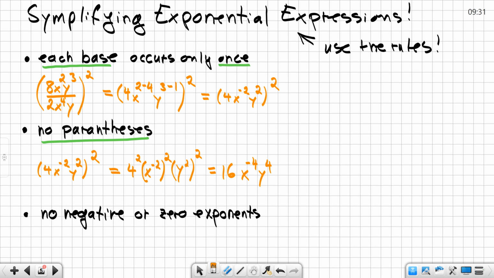All right. So I am still not completely done, because in the last step, what I still have to do is that we can have no negative exponents, or 0 exponents for that matter as well.